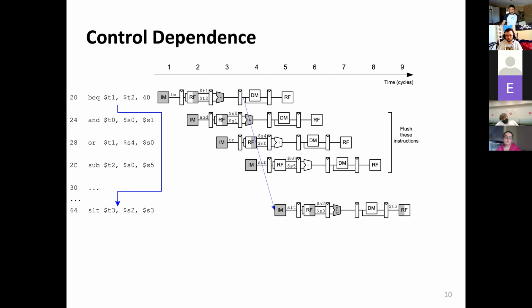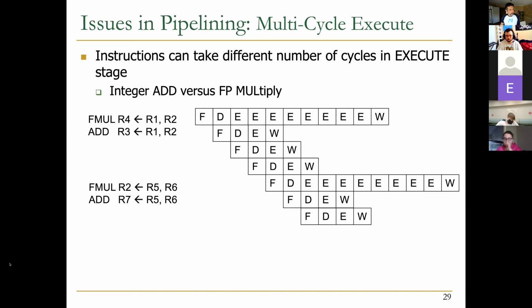But if we have a different number of cycles for execution, or other stages too, then we don't get this property, which you obviously see here. This one came first. Does it go out of the pipeline first? Obviously not. Which one goes first?